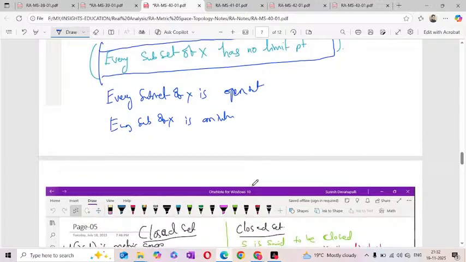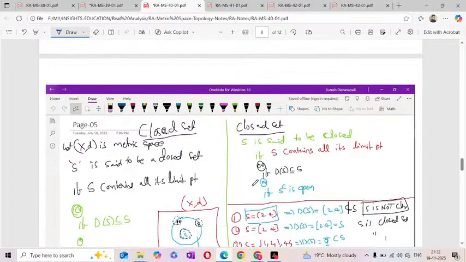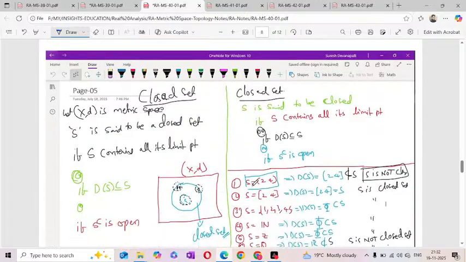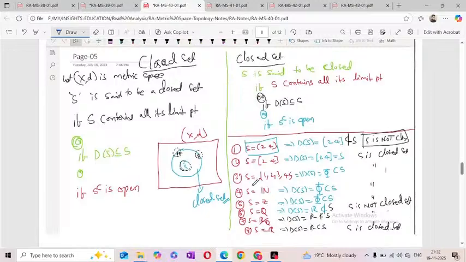What is the definition of a closed set in the usual metric? Just see here on the right side. We have three types of definition. The first: if S contains all its limit points, then it is closed. Or, if the derived set of S is a subset of S, it is a closed set.